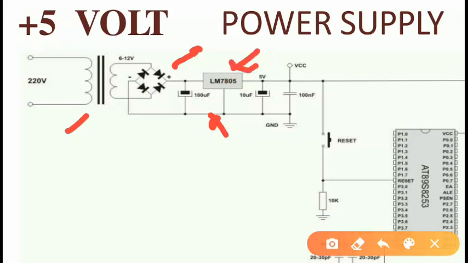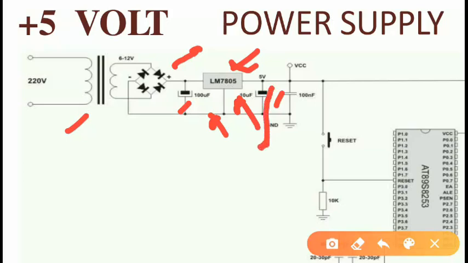That is a positive voltage regulator IC, and it provides a fixed voltage of 5 volt because it mentions 7805. The last two digits show the output of this IC. So it provides a constant voltage at the output, and these capacitors are used to overcome the fluctuation or block it from moving down to the earth.